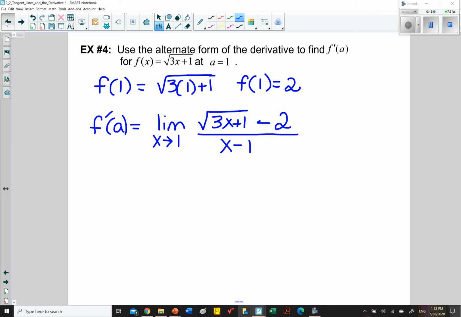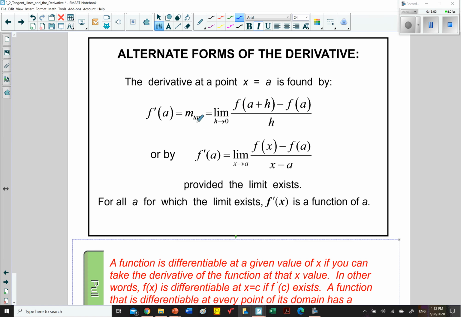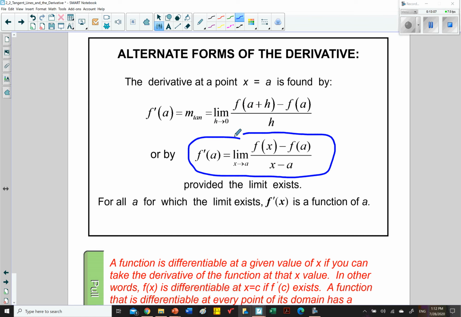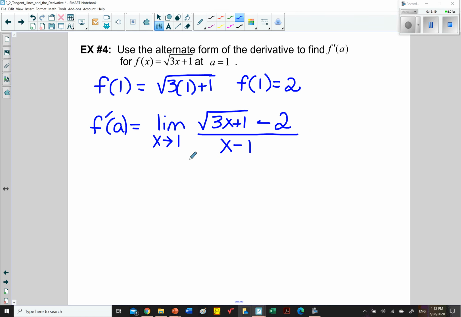Let's go look at that. I'm using this rule. F of x minus the f of 1 divided by x minus 1 as x approaches 1. Okay? I just didn't write the rule down.